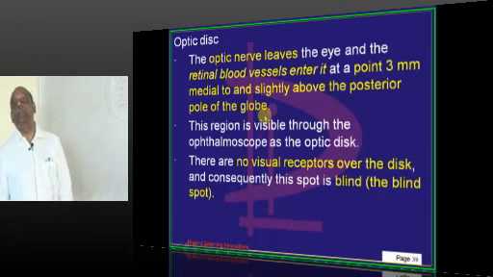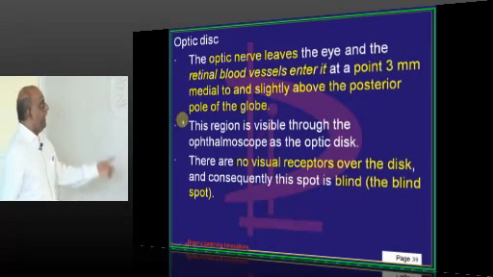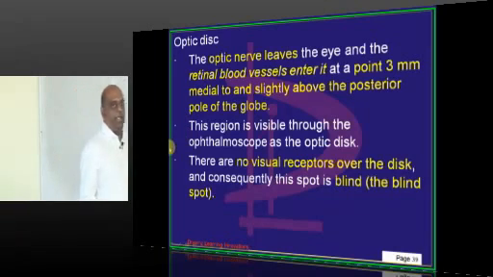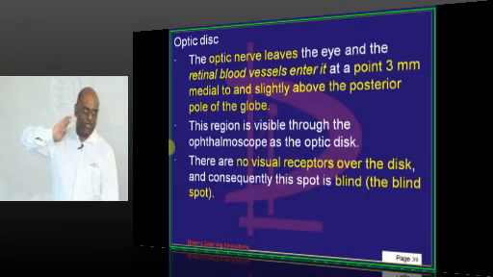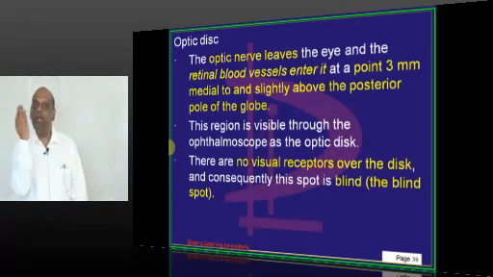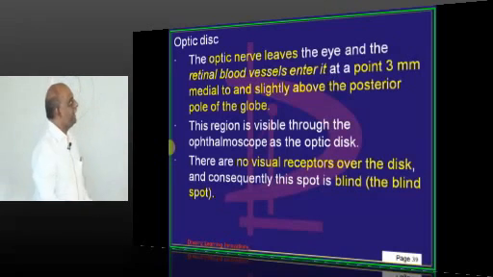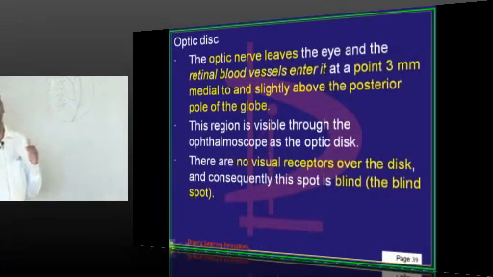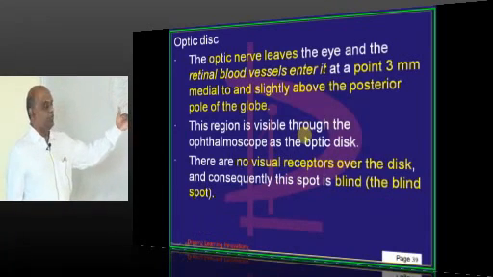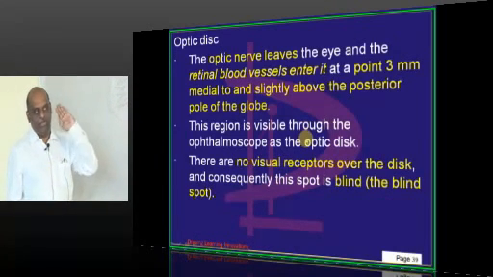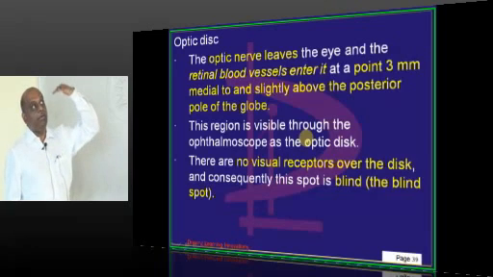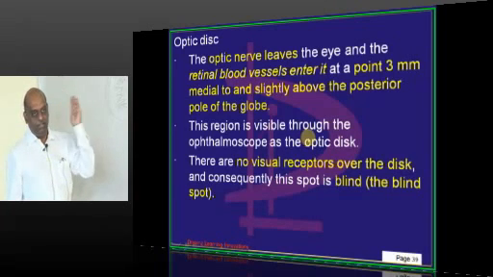And where is the optic disc located? The eye is a globe. The globe has an anterior aspect and a posterior aspect. So it is not along the anterior part of the globe but the posterior aspect of the globe. Typically it is located around 3 millimeters medial to and slightly above the posterior pole of the globe.